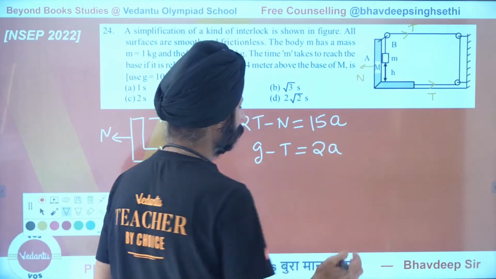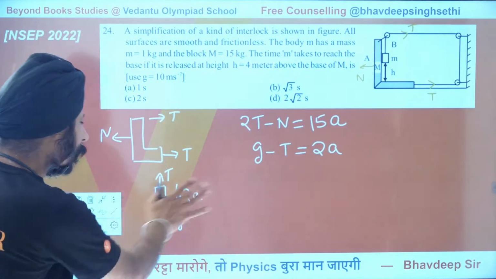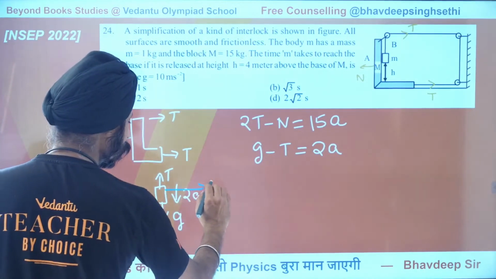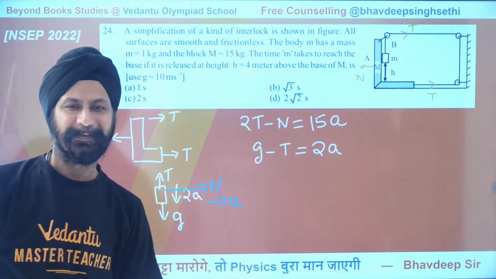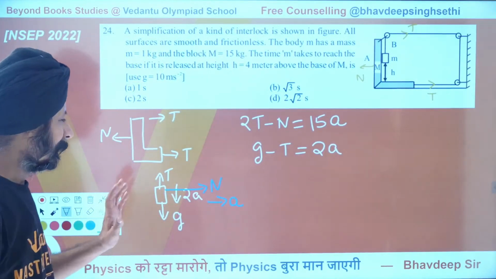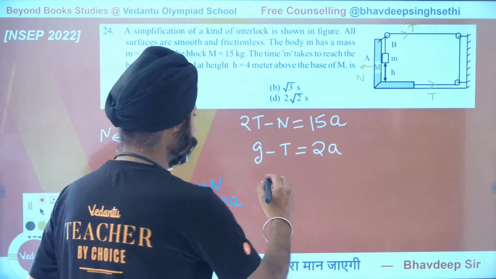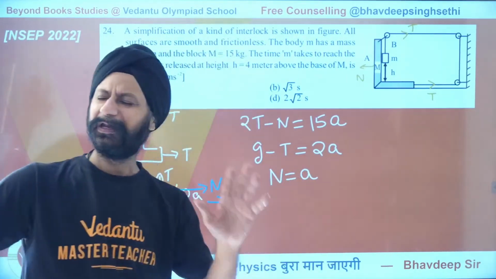Mass is 1, so I'm not even writing that. Now in the horizontal direction, there is a normal force N and acceleration a, easy, because this force N is equal to ma. M is 1, so normal force is a. So three equations, three variables, piece of cake.